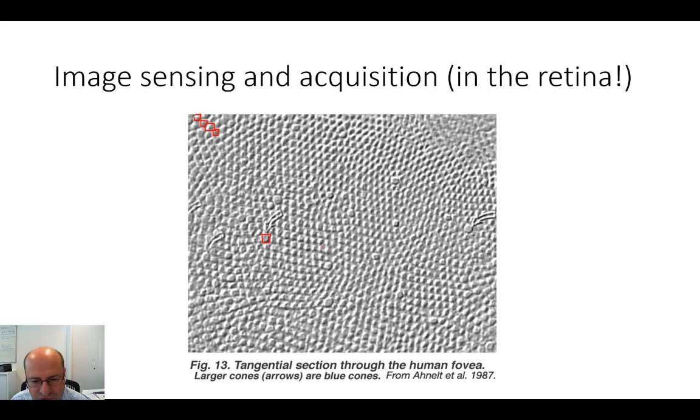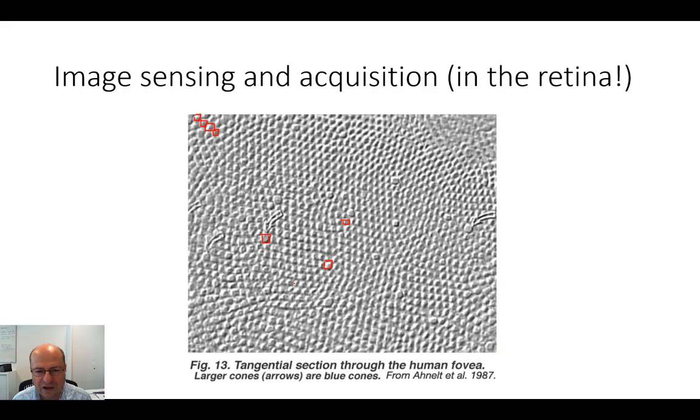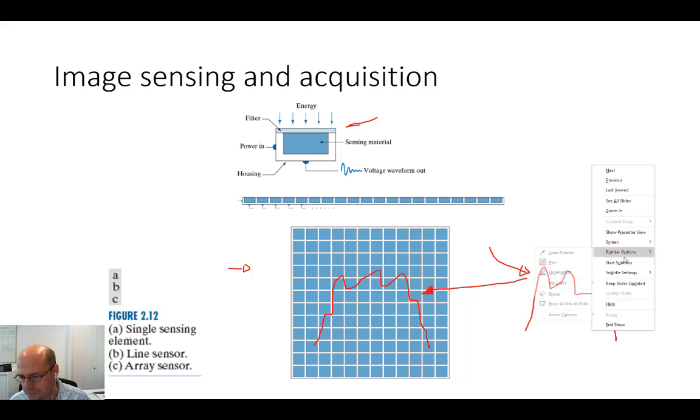I'm not a neuroscientist or a biologist, but you can see that there are distinct kinds of cells here. This is what we're talking about. So in a certain sense, each one of these little cells in the human fovea is one of these sensing devices that we're talking about in this slide.